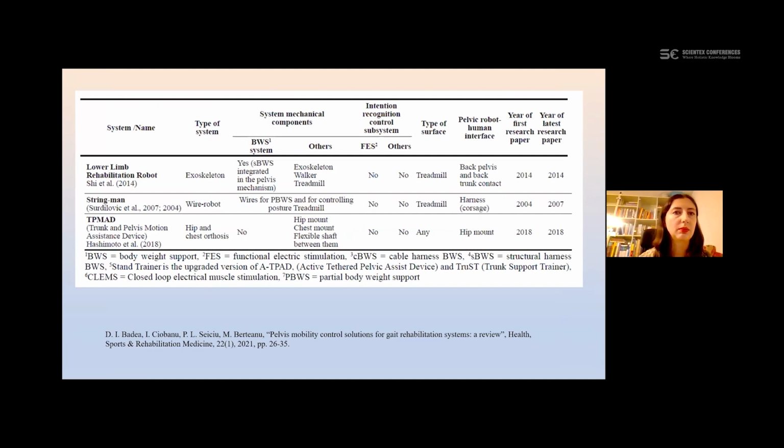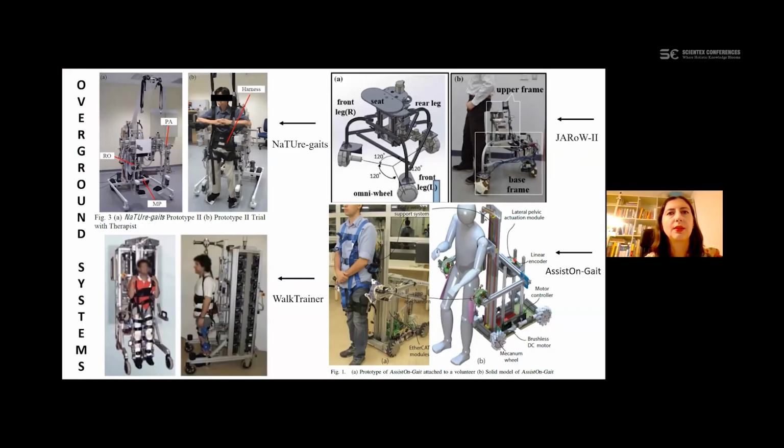So, as shown in the table, overground systems and exoskeletons are the most common types of systems that can offer a pelvic mechanism. Overground systems use the flat surface of the environment to train patients, which can lead to a couple of advantages. They are suitable for training of turning maneuvers, a development that is highly necessary to avoid obstacles.